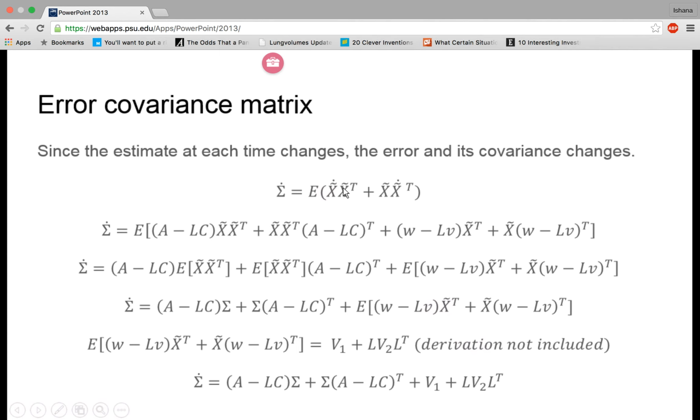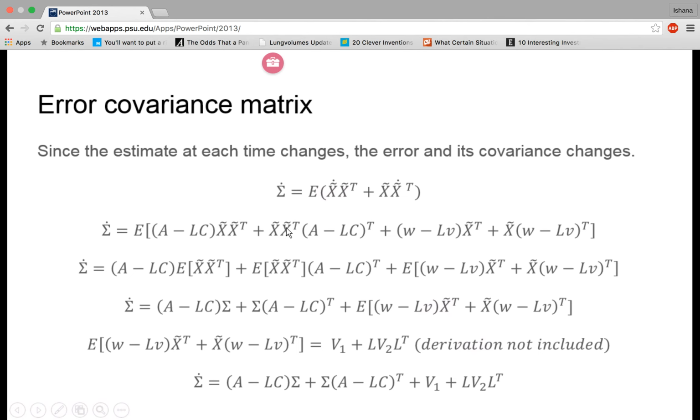They're both post multiplied by x tilde transpose. So this term and this term result from this term, and then we take the transpose of the x tilde dot, which we got from the error dynamics, and substitute the values in here.